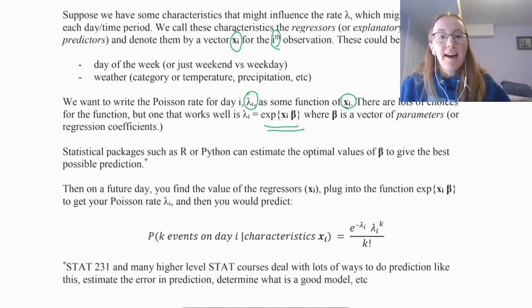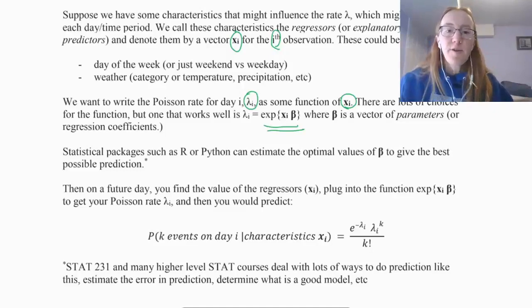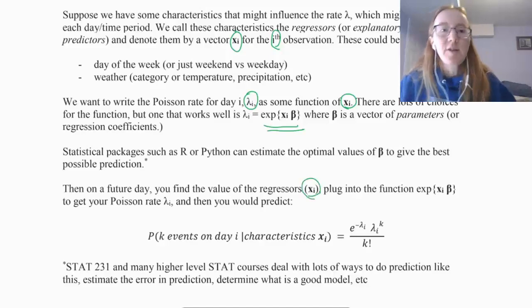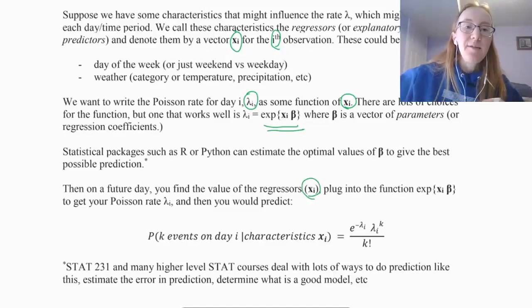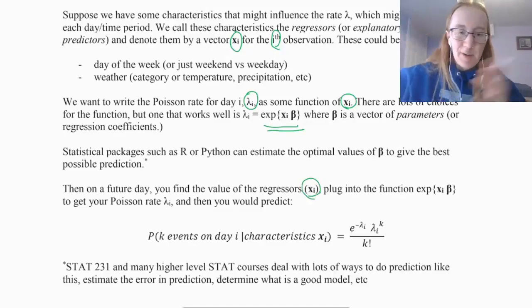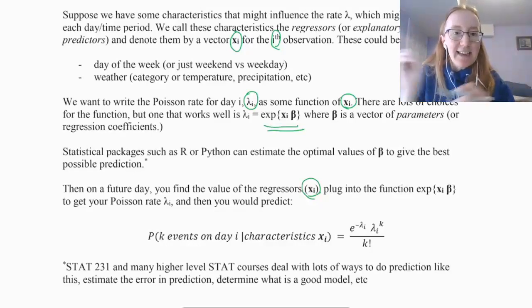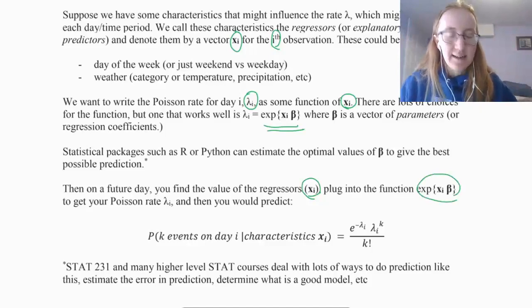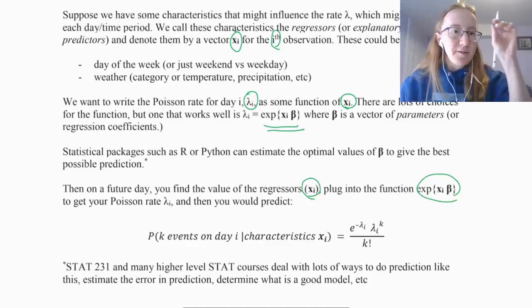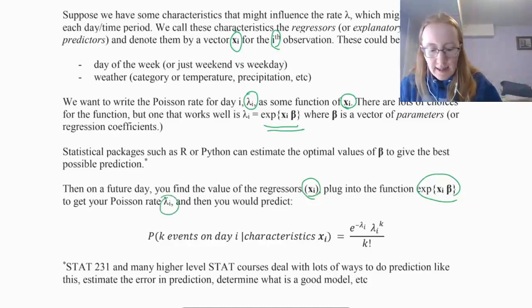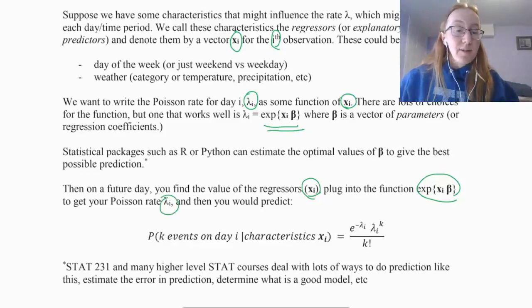So on some future day, day i, we take the values of these regressors. Say we're trying to predict for Monday when the weather is 20 degrees. Those are a very small list of predictors. We plug those xi's into the function, e to the power of xi times beta, with those betas that were estimated by the algorithm. And that gives us our rate lambda i. And then we do the same thing as before.